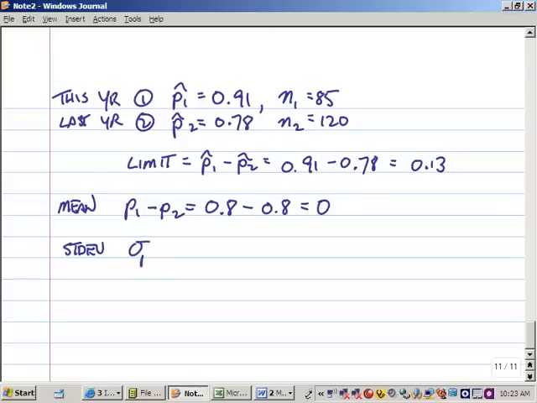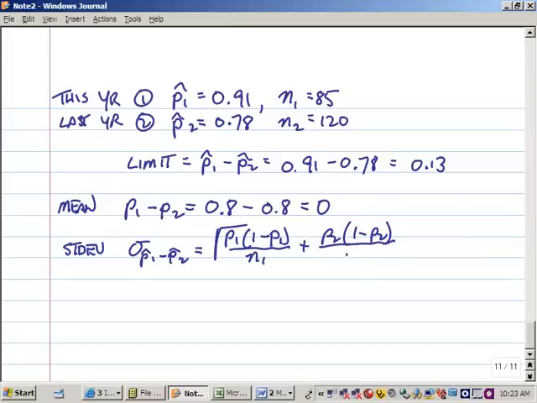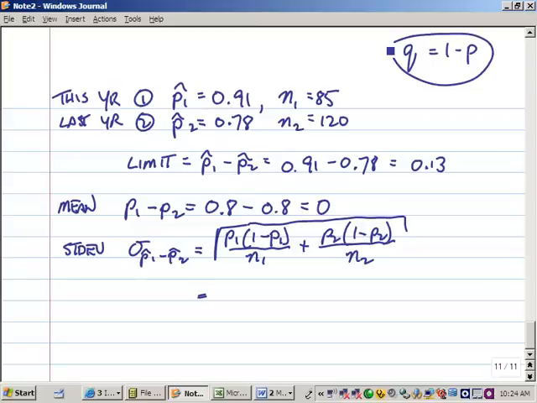So that's sigma of p hat 1 minus p hat 2, square root of p1 times 1 minus p1 on n1 plus p2 times 1 minus p2 on n2. Sometimes in your notes you'll see p1 times q1. In all proportions problems, q is 1 minus p, the complement. So don't ever get too disturbed by that.